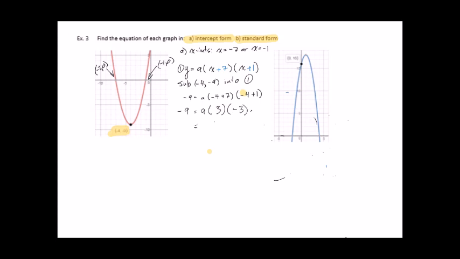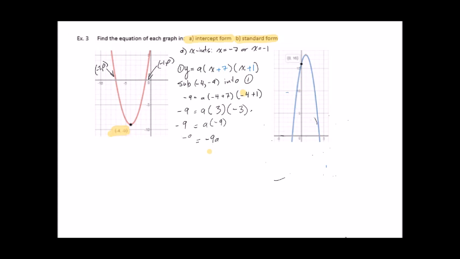When we simplify the right side of our equation, we end up with a times -9 and -9. Now, this is where some of you forget. If I have a times -9, you just write it as -9a.